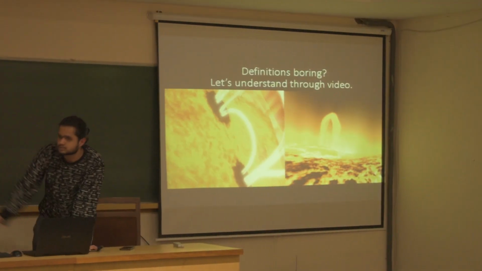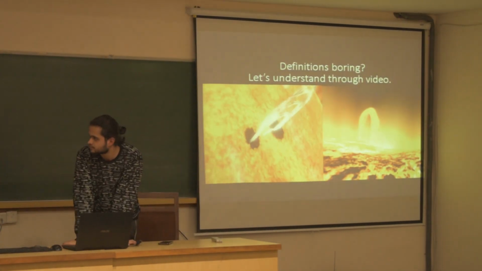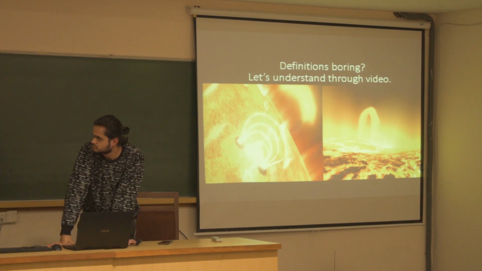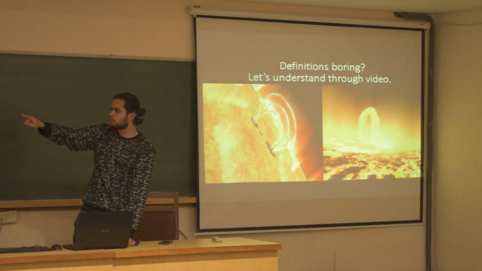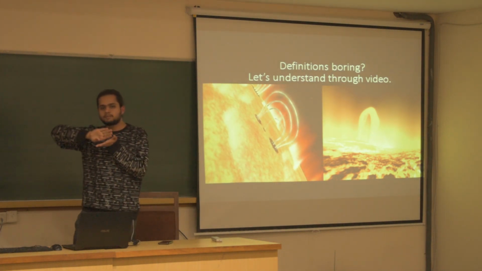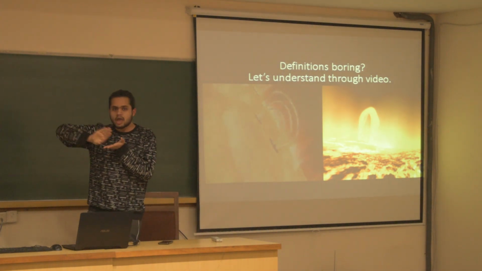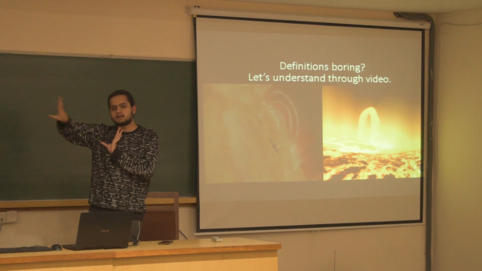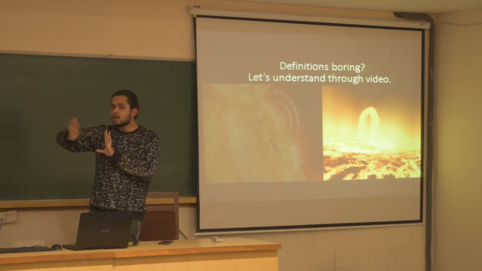This is truly how solar flares occur. This is the reconnection we're talking about, and you see the portion which gets reconnected, and that portion leaves the sun's gravity. As soon as it leaves the sun's gravity, that is the CME, the coronal mass ejection, that is the ejected part.